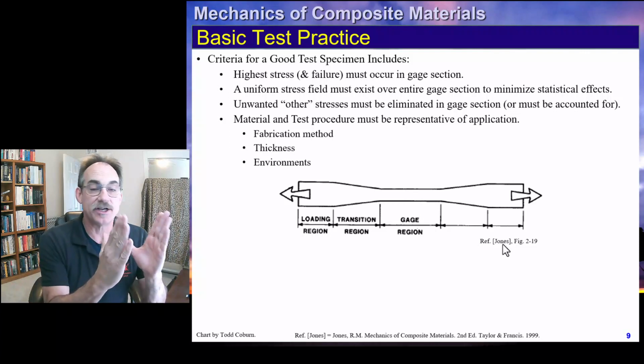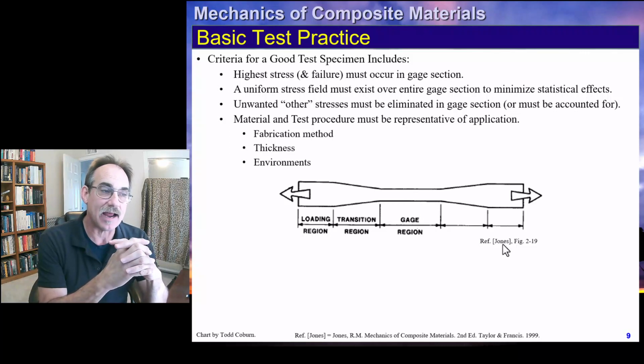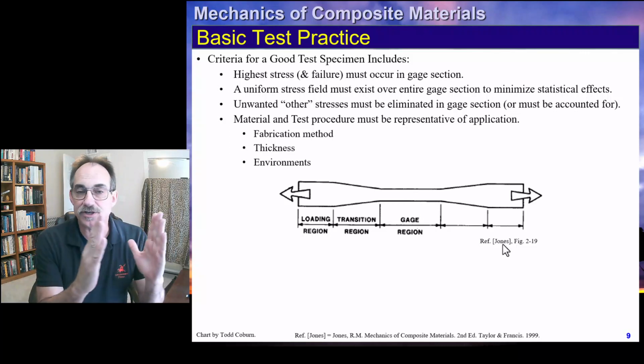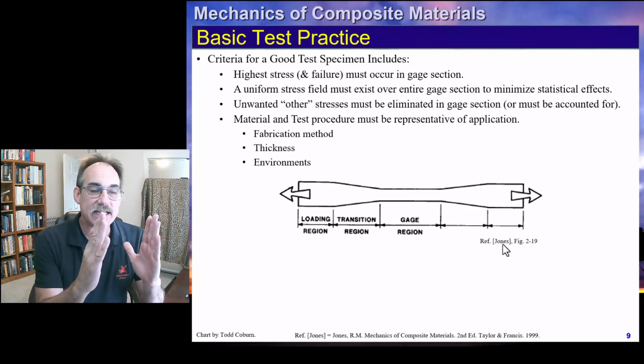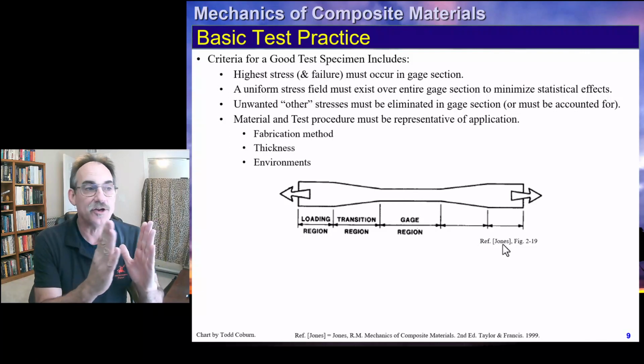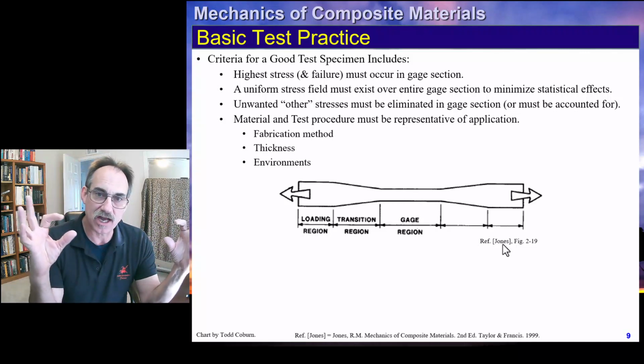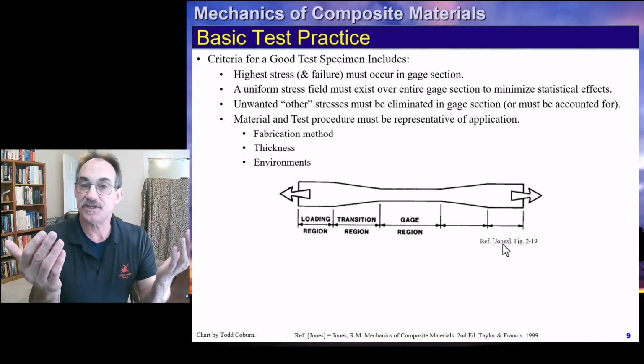You're going to have that transition region, which is designed to eliminate the stress concentration factor, and then you're going to have the gauge region. And typically we're going to expect the sample to fail somewhere in the middle of the gauge region. We're going to figure it's a good test. If it fails right near the change in geometry, then we're going to be suspect of that.